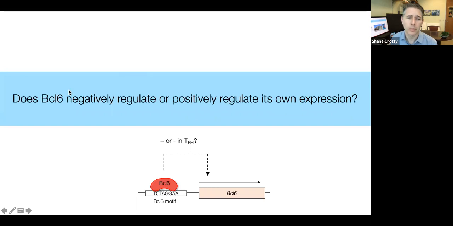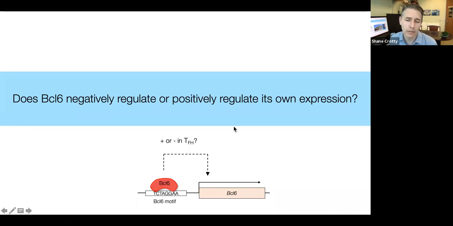And one of the places people have proposed that Bcl-6 was an activator was actually at the Bcl-6 gene. And that's because people observe a positive association between Bcl-6 expression and Bcl-6 activity. And there is a Bcl-6 binding motif in the Bcl-6 promoter.